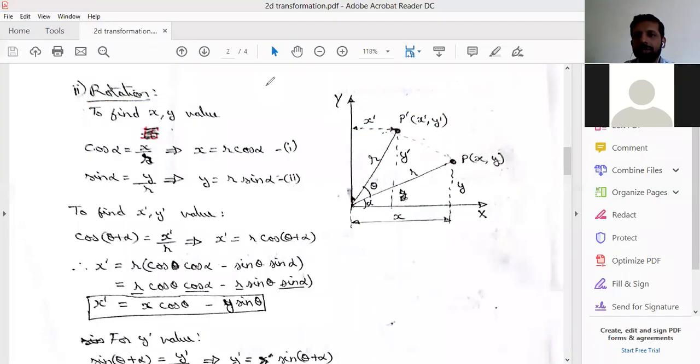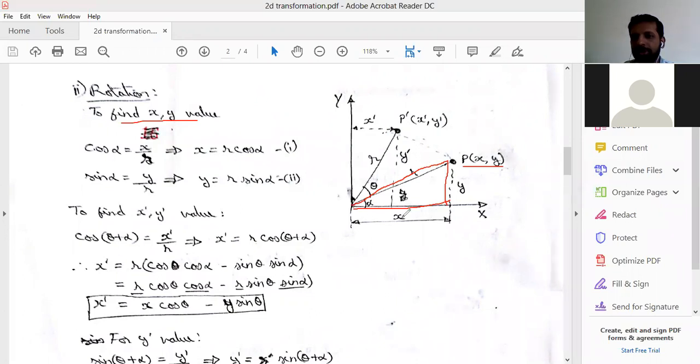Now first let us see how to find the values of x comma y, that is the initial value. To find the value of x and y by using angles, how can we do it? If we take this almost right angle triangle, cos alpha is given by adjacent side by the hypotenuse.